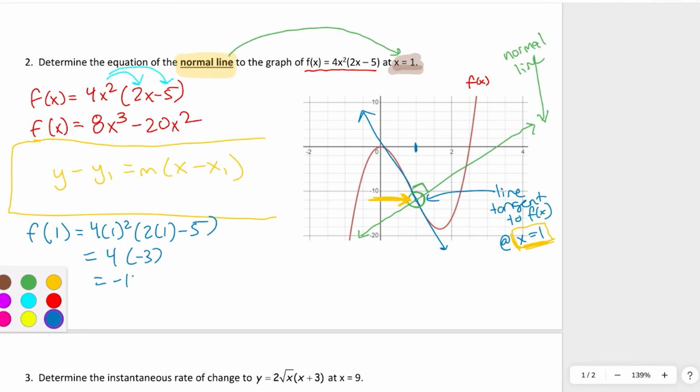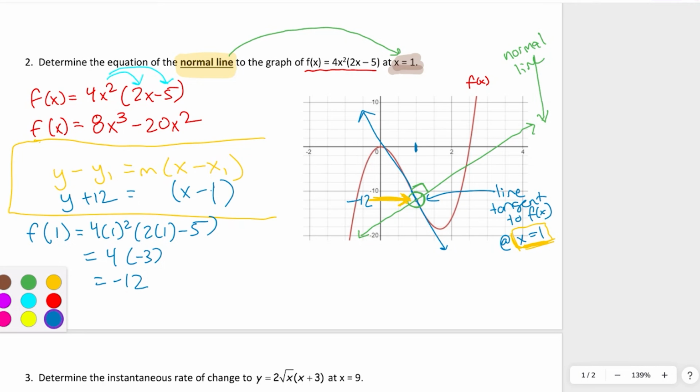So it's going to be negative 12. So that's going to be my y1. That's going to be right here at negative 12. So I've got my y1 is negative 12. My x1 is at 1. So we've got y minus 12. Oh, that should be plus 12. Equals a slope, which I don't know yet, and then x minus 1.